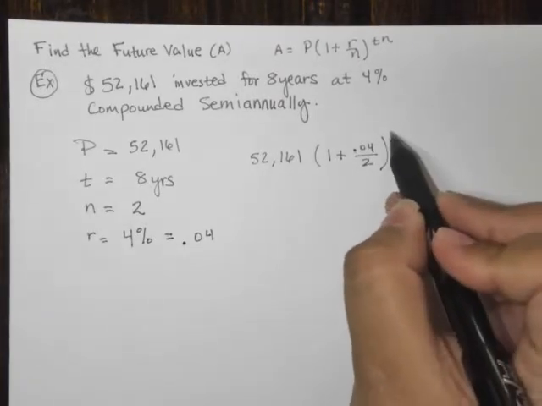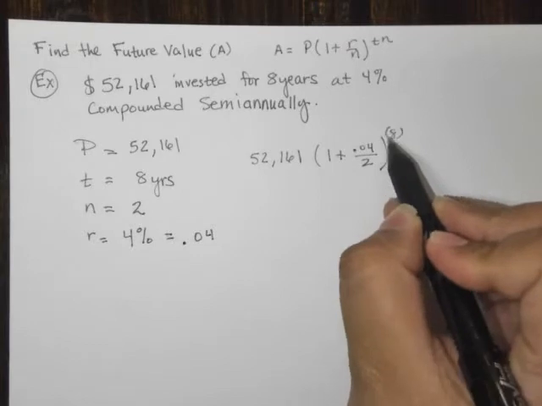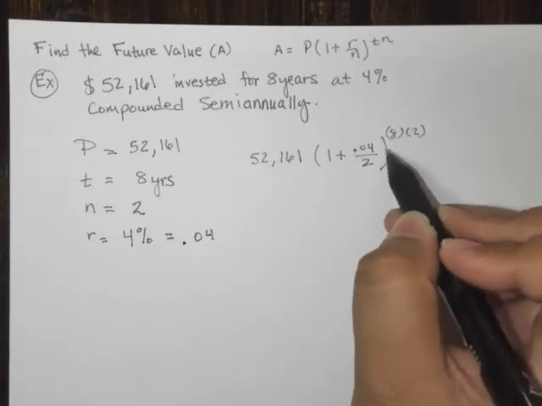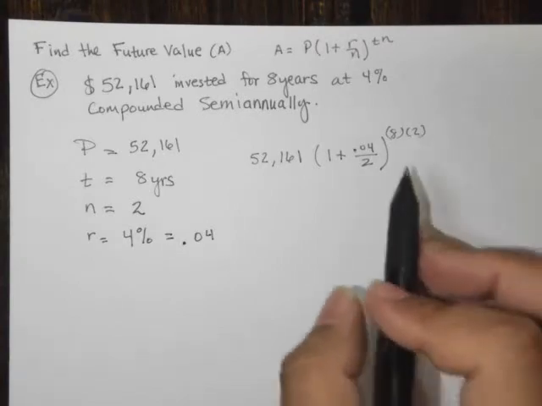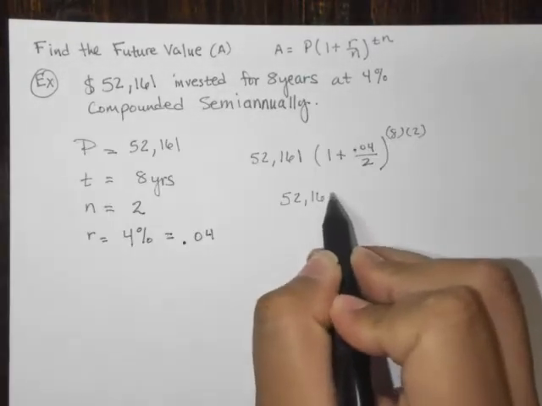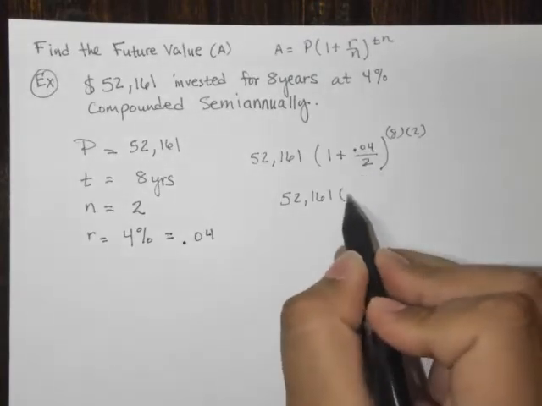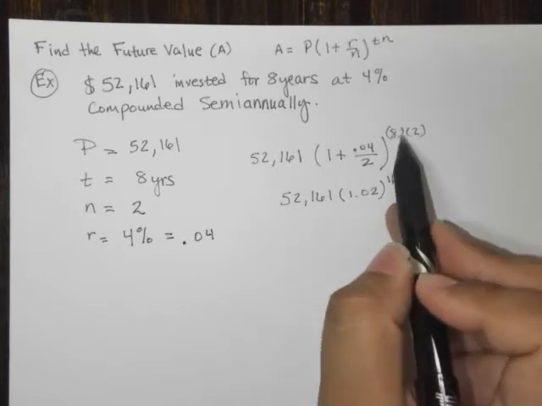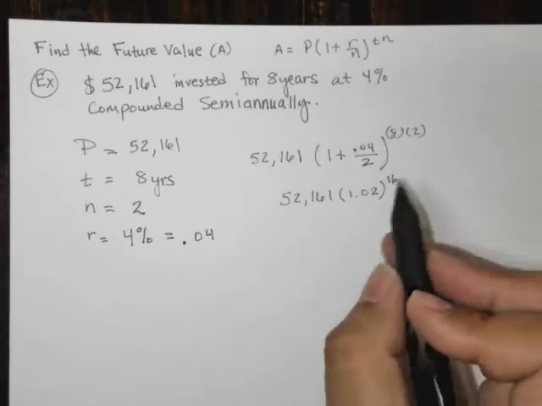And then the exponent here will be 8 times 2, because it's 8 years and twice a year. So we plug that in there. What this works out to be is 1.02 to the 16th power, because we multiply these right here.